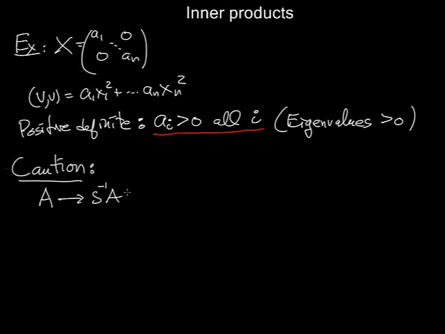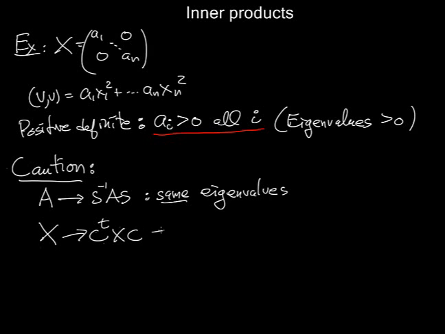Okay, now here's a word of caution when you think about non-diagonal matrices. Back in the world of linear transformations, if you replace a matrix A with a similar matrix, it has exactly the same eigenvalues. Different eigenvectors, but the same eigenvalues. Now, what if we replace a symmetric matrix X with C transpose X C? Does that have the same eigenvalues? Well, certainly not.